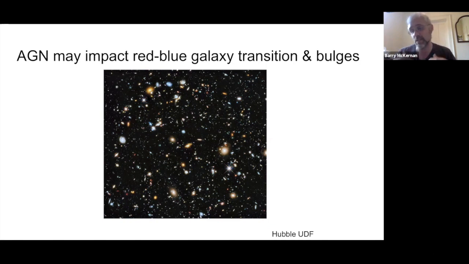So basically, because the AGN generates these powerful outflows, we think that has the ability to either physically push gas out from the inner bulge of the galaxy, or maybe heat it up so that it doesn't collapse to form stars. So we think that AGN play a role in quenching star formation in galaxies.